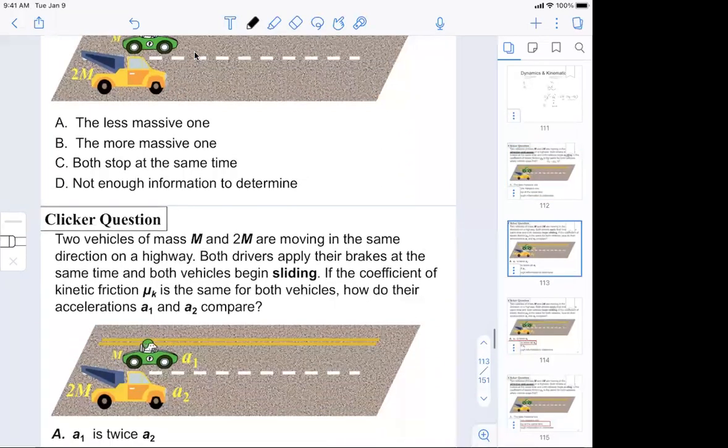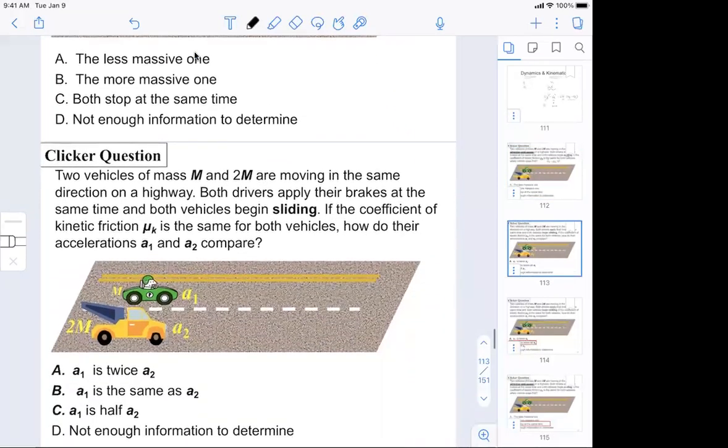So I'm going to change this to another question: which one has a bigger acceleration, or how do these two accelerations, a1 and a2, compare? The acceleration requires you to apply Newton's second law to figure out what it is. And again, Fk is mu sub k times normal force. So this one I want you to go ahead and discuss in your breakout rooms, and when you come back, you can vote your answer.